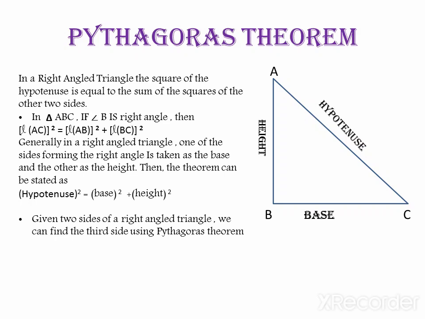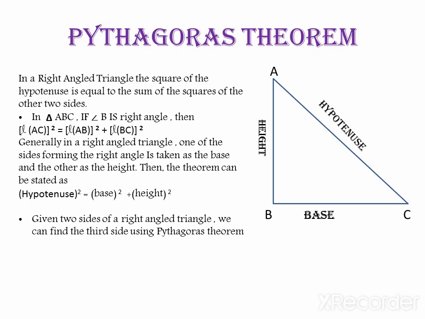So length AC square equals length AB square plus length BC square. I repeat, AC square equals AB square plus BC square.